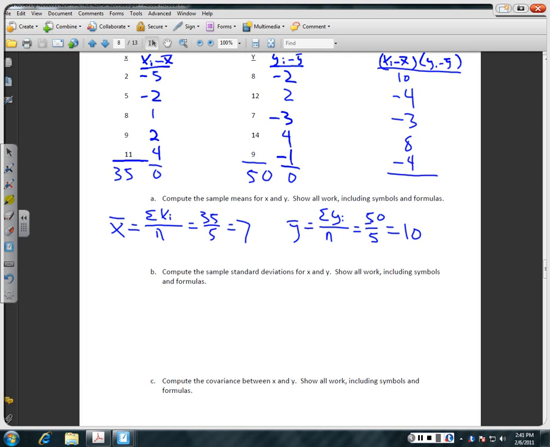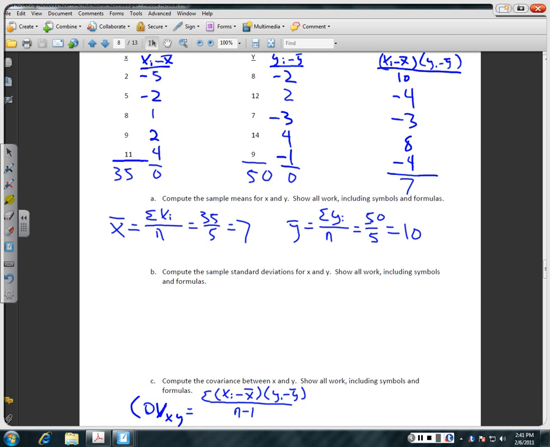Let's see here. I get 7 when I add that and do all my adding and subtracting there. And so I'm down here at the bottom, the covariance, it's a V, between x and y is equal to the sum of those cross products divided by n minus 1.